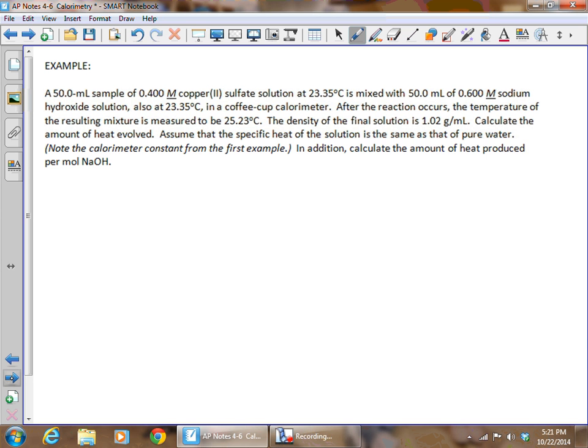It's mixed with 50 milliliters of 0.6 molar sodium hydroxide in a coffee cup calorimeter. After the reaction occurs, the resulting mixture is measured to be 25.23. So we're going to have a nice temperature change there. The density of the final solution is 1.02 grams per milliliter. That's going to be important to us. That's a nice little conversion factor we can use.